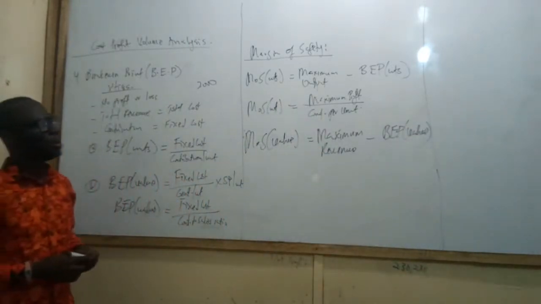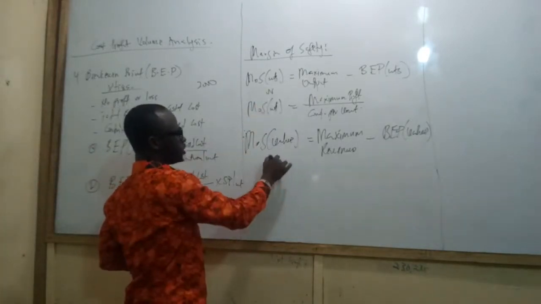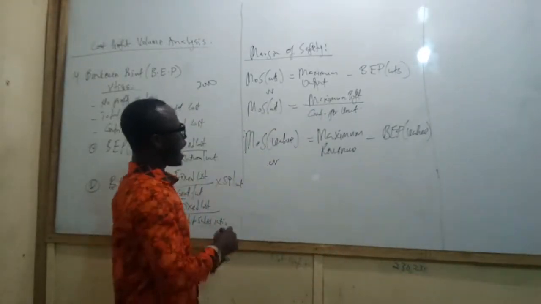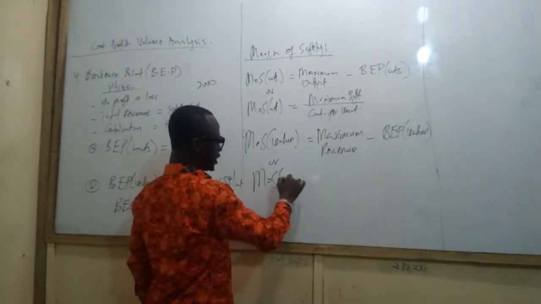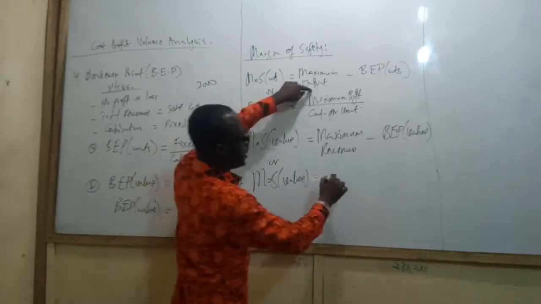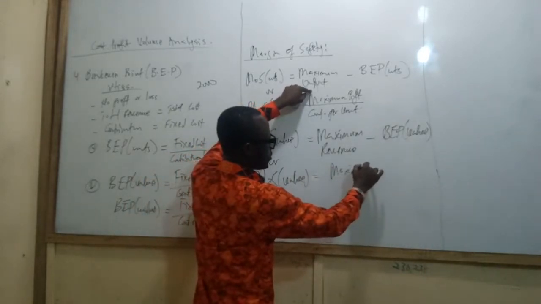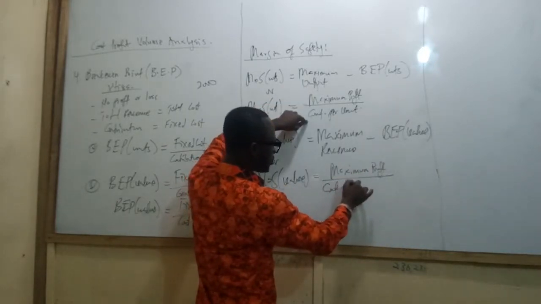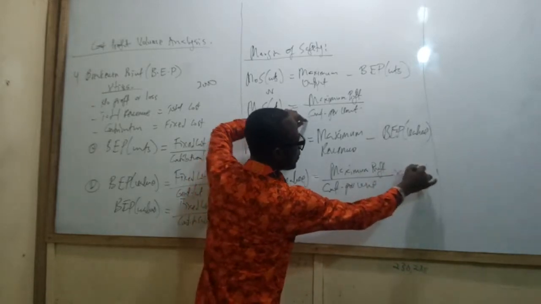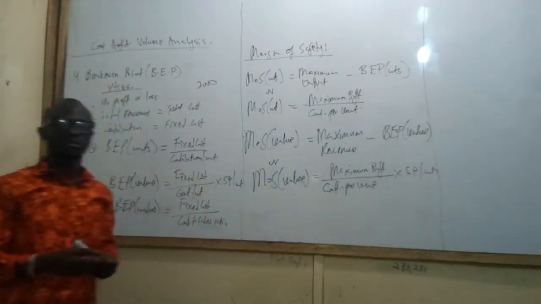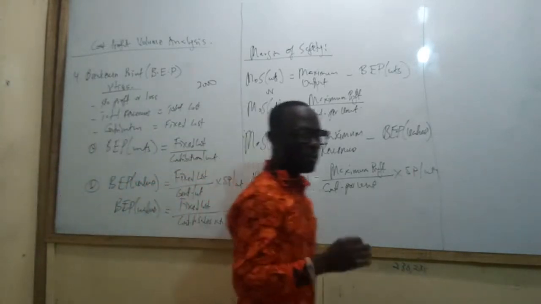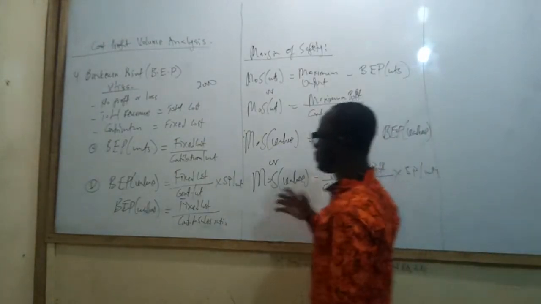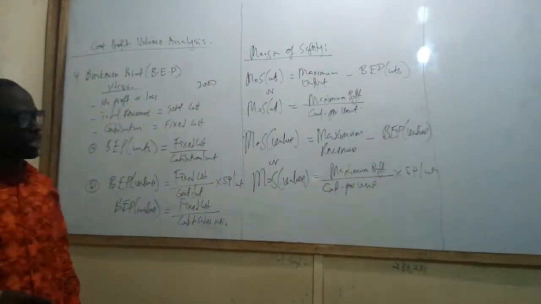Or it could be calculated as MOS in value equals maximum profit divided by contribution per unit, times selling price per unit. These are the various ways that margin of safety can be calculated.